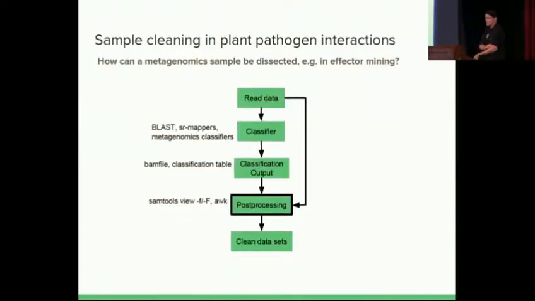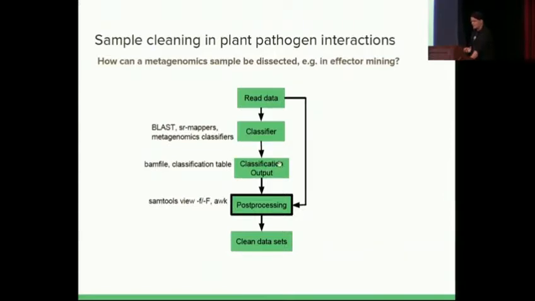What we usually do to clean these samples is we take read data and use some kind of classifier. We can use BLAST, we can use short read mappers against some customized libraries, we can use metagenomic classifiers.